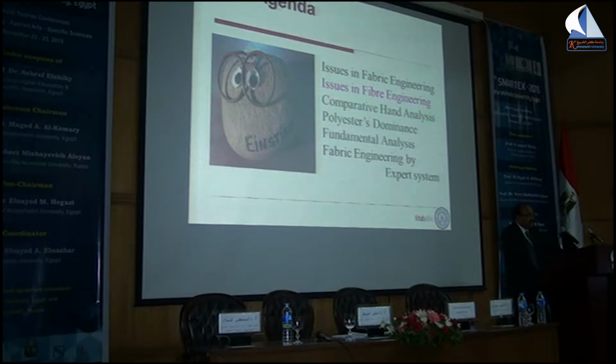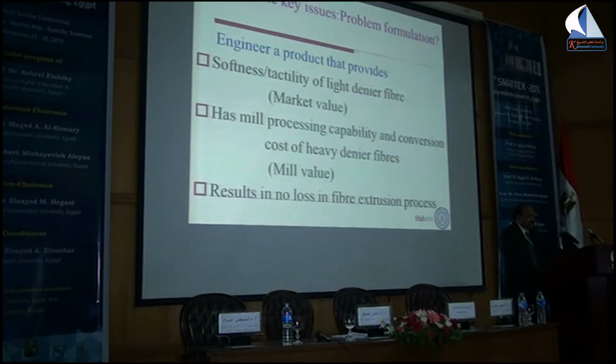Then what is in fiber engineering? Textile engineers can do a lot as far as fiber manufacturing is concerned. We talk about first softness or tactility, which I call the market value of the fiber. Then we talk about the processing capability of the fiber.